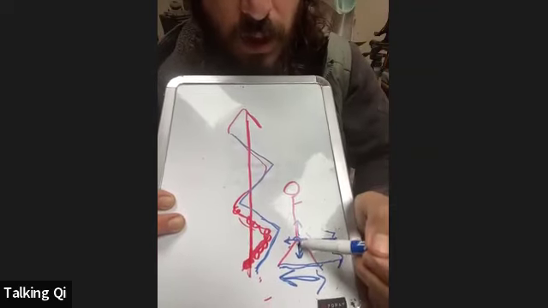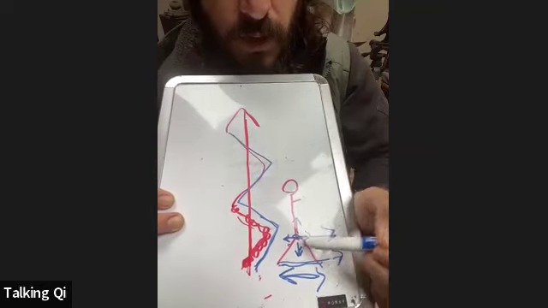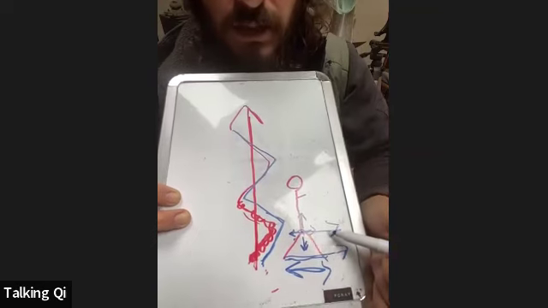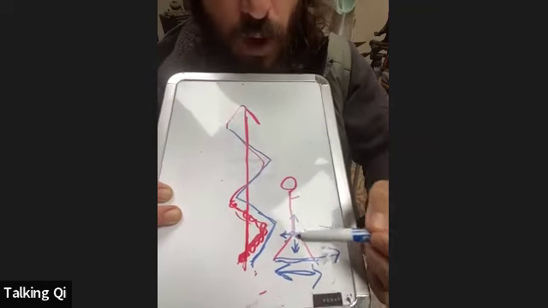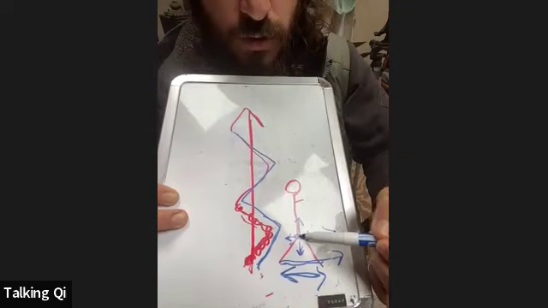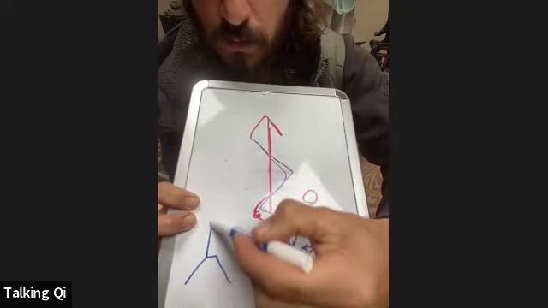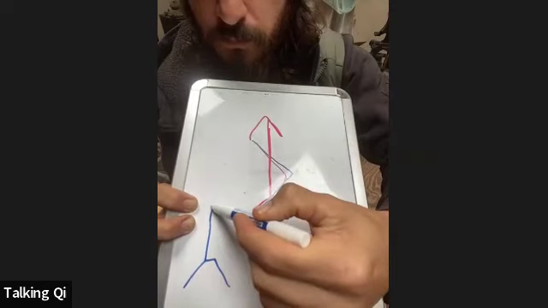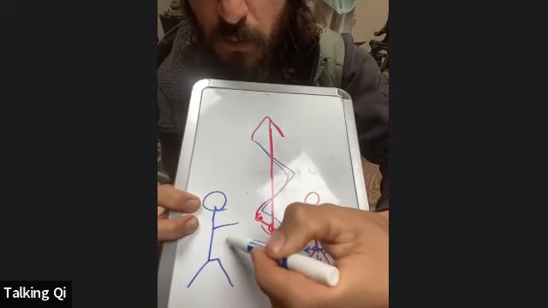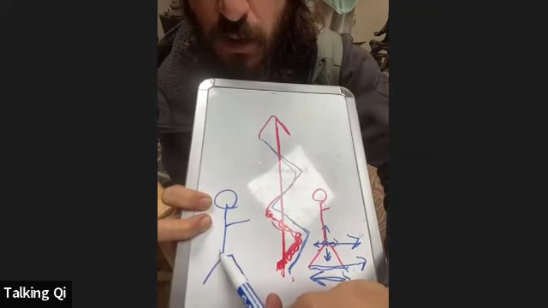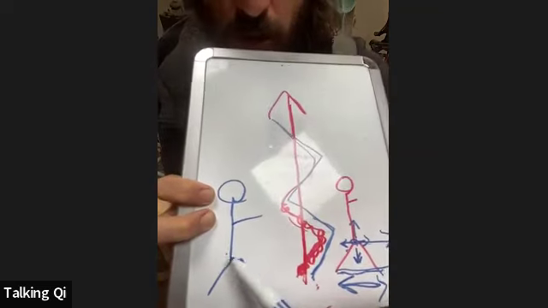So when we're rocking, it's not linear. There's a lot of straight lines, but it's not linear, right? When we're rocking back and forth, actually what we're trying to do, we're actually also trying to make it circular.